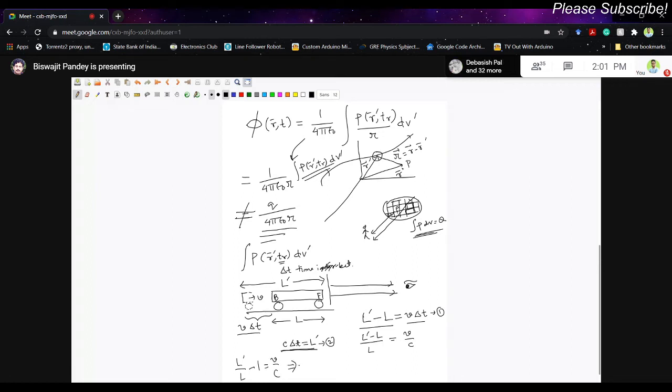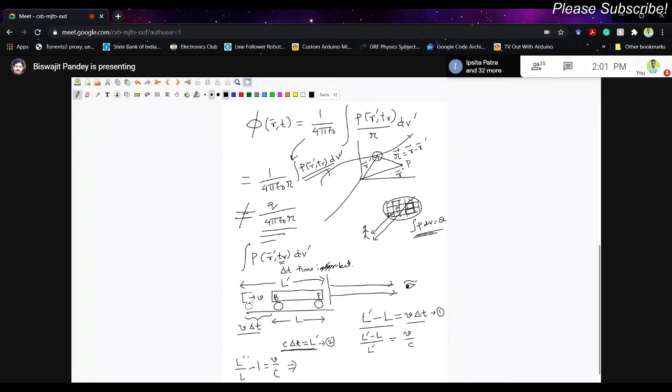So what should we get? Am I correct? L prime by C, right? L prime minus L by V equal to, wait, I have written this wrong. This is L prime, right?